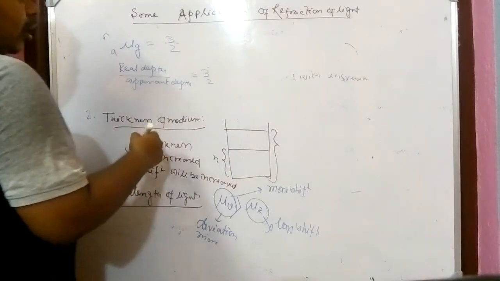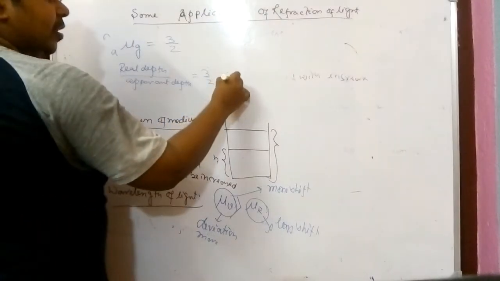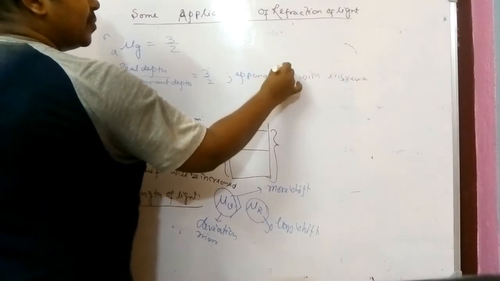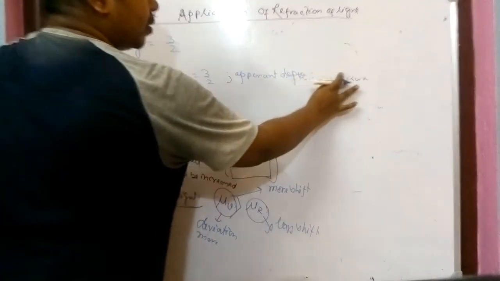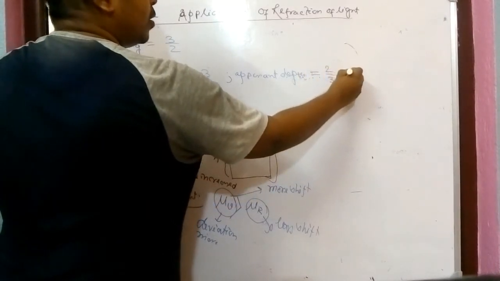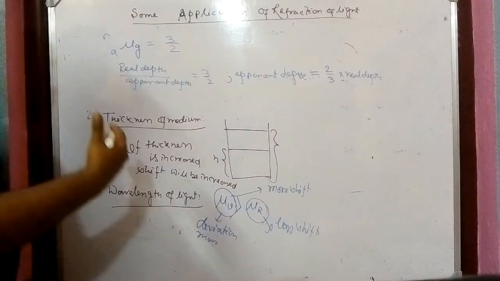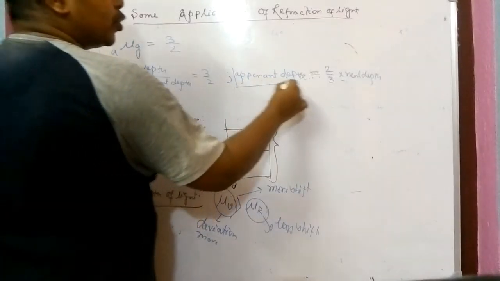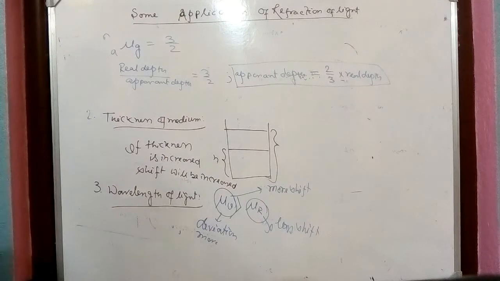And if I want to find the apparent depth here, it is clear the apparent depth will be equal to 2/3 of real depth. So whenever we have to see in a glass slab at an angle, the depth should be decreased to 2/3 of its original depth.